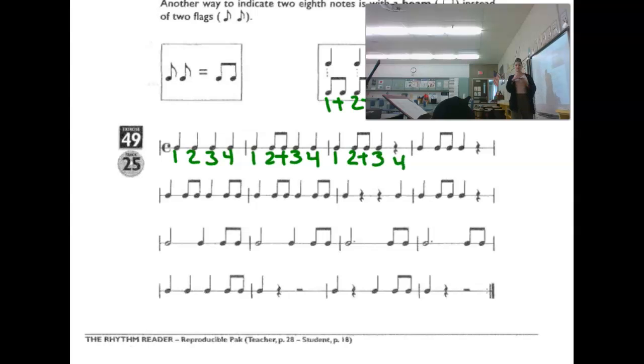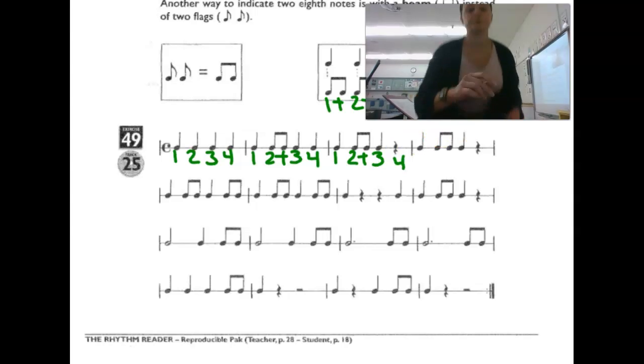Notice how I'm only saying the word and when there's an eighth note. Because if I were to say, like right here, 3 and 4, then I would need to add in an eighth note because I'd be adding a sound. So you're only saying a number or the word and when there's a note.